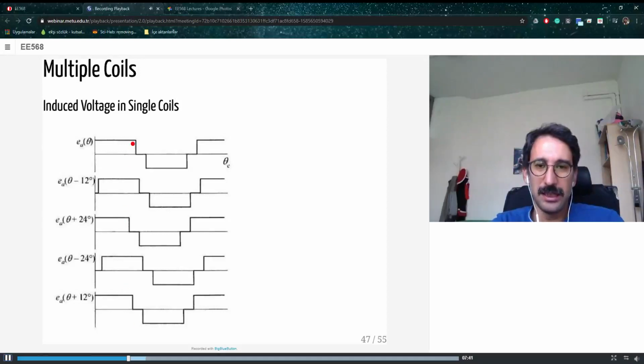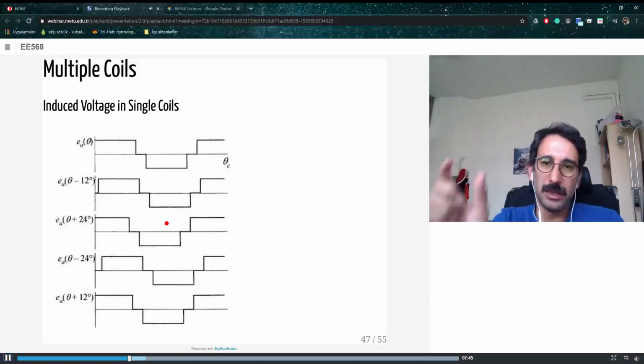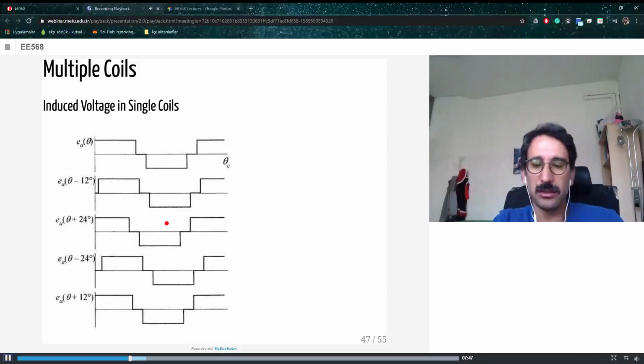So you have not exactly the same voltage, but the same waveform, shifted with respect to your pitch factor. When you add them together, you can combine that one, that one, that one.